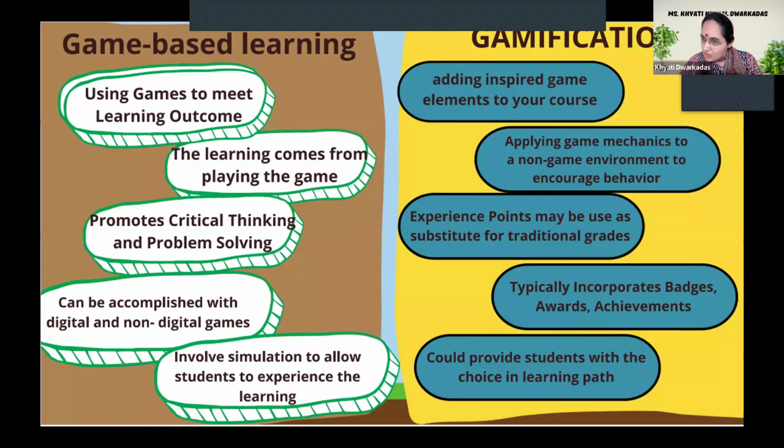But gamification in particular, adding inspired game elements to your course content, applying game mechanics to a non-game environment to encourage good behavior. Experience points may be used as a substitute for traditional grades. It typically incorporates badges, awards, achievements.